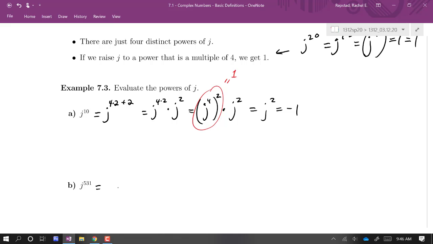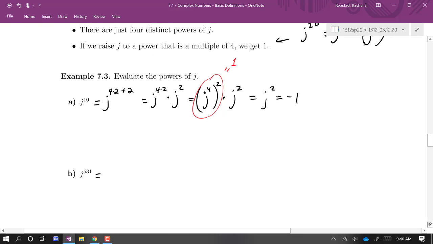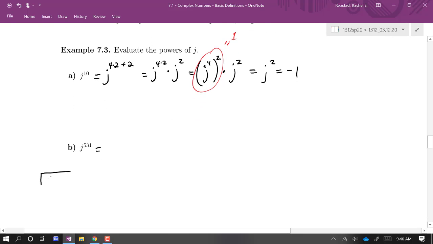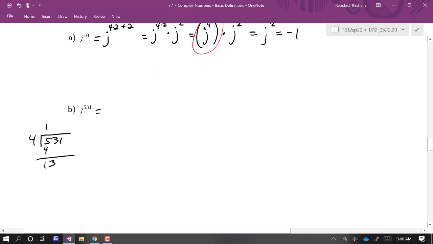So if I want to find j to the 531, the first thing I'm going to do is a little bit of division. Four goes into 13 3 times, that's 12. 4 goes into 11 twice, it's 8.